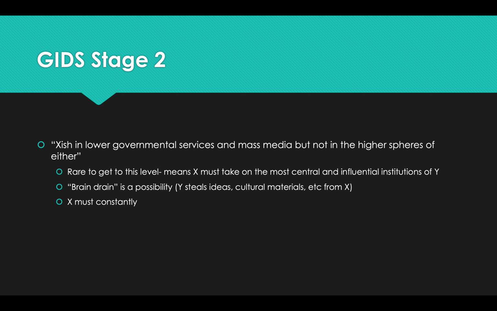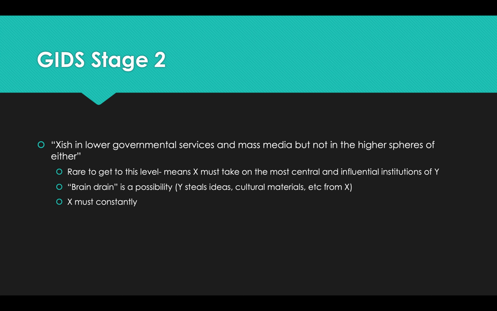So stage 2, and remember these stages get more and more optimistic as you go through them. So Xish, or the endangered language, is used in lower governmental services and mass media, but not in the higher spheres of either. So for example, you are able to get government services like welfare, Medicaid, other things in your endangered language.